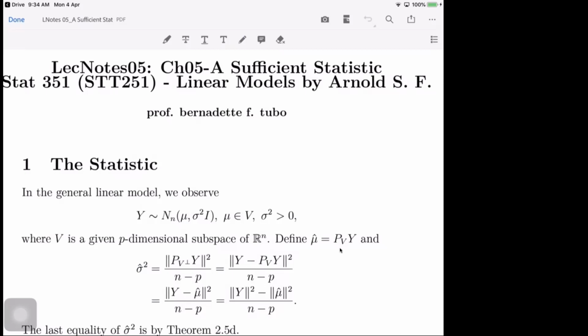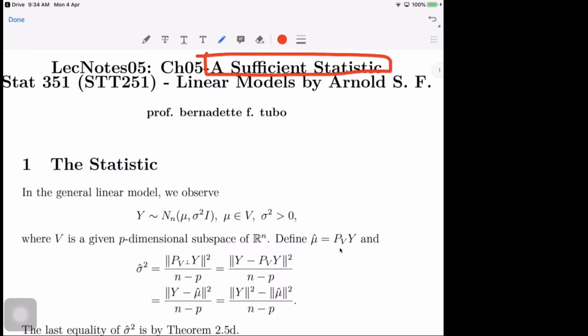So can you see lecture notes number 5? Yes, ma'am. Okay, so let's have lecture notes number 5. In lecture notes number 5, we will be talking about sufficient statistic, and then later an MVUE statistic.